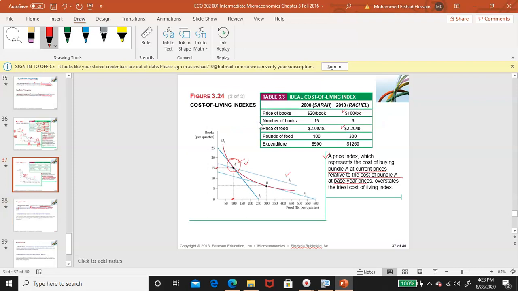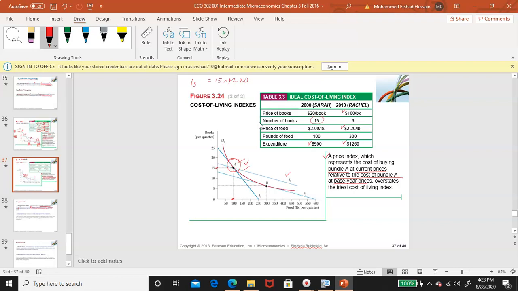So let us calculate the amount of money here, so let us see what is going to happen. This one was 500 and this is 1260. So let us see at L3 what the cost is. At L3 they used to buy 15 books and now we find the cost at today's price.